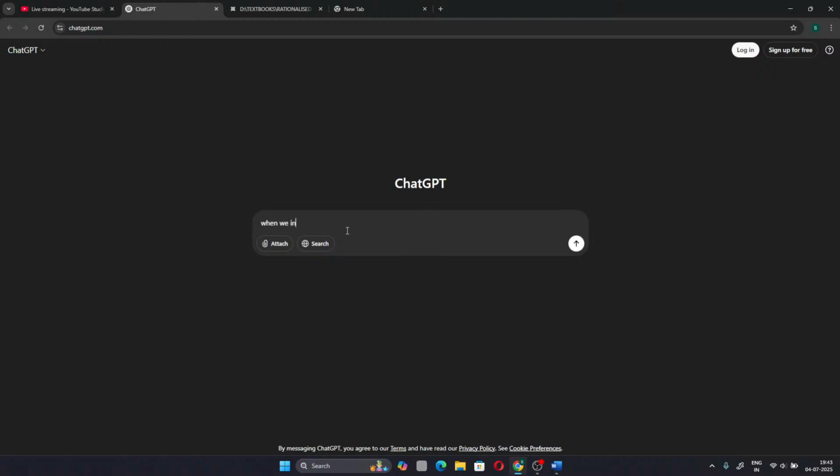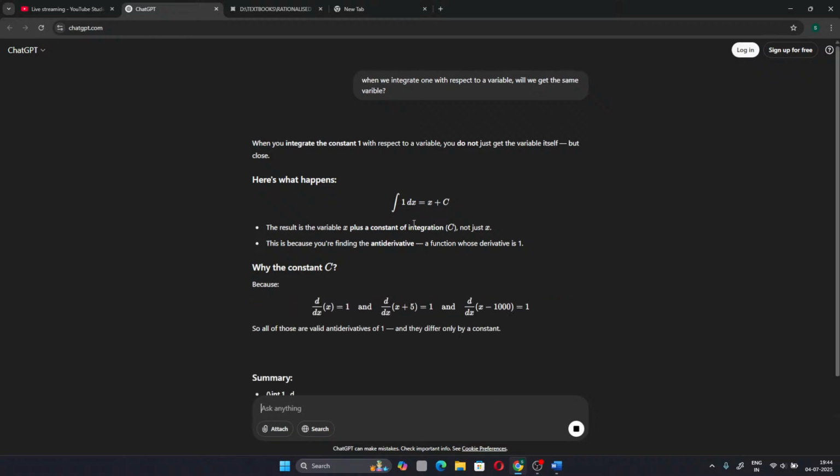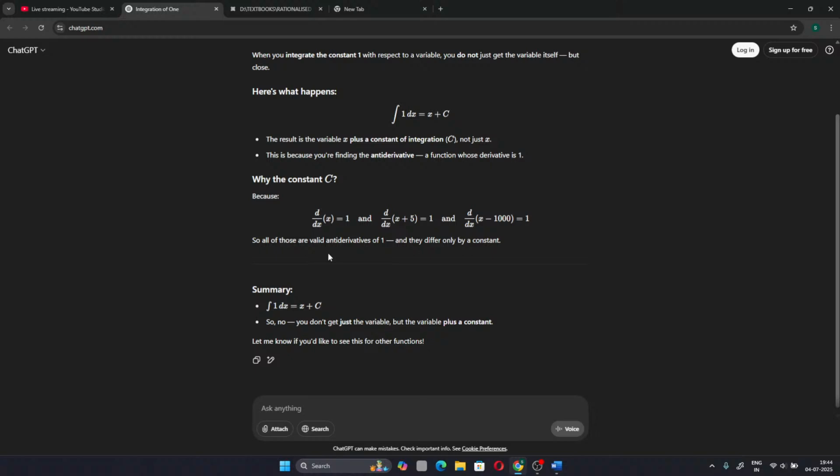Similarly, integrating 1 dx gives x plus the integration constant, C or I. This constant comes in because when we differentiate x plus anything, x plus C, the answer we get is 1 itself.